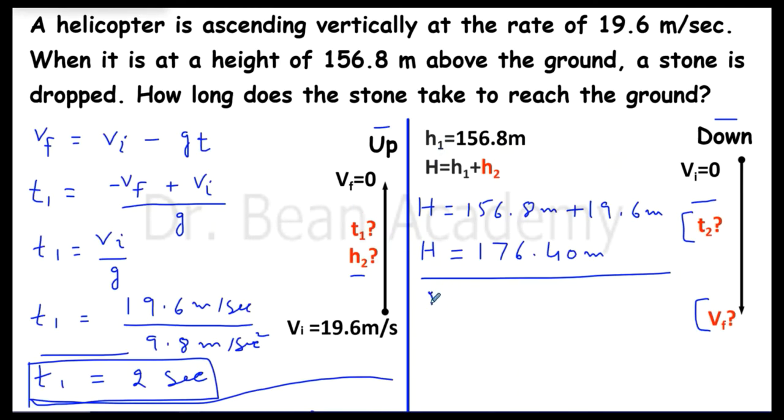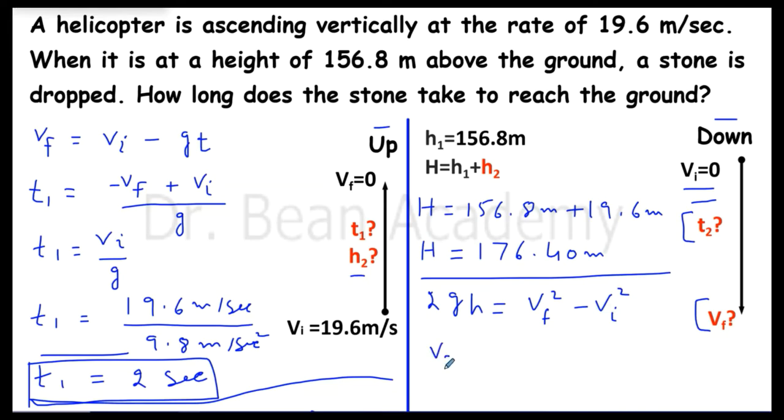So the equation is 2gh equals Vf squared minus Vi squared. And I know the height h, and I want to find Vf, and I know that Vi for the downward motion is 0, so I can just ignore it.